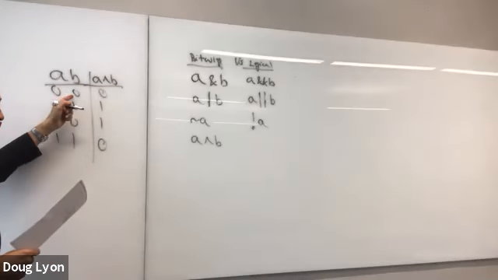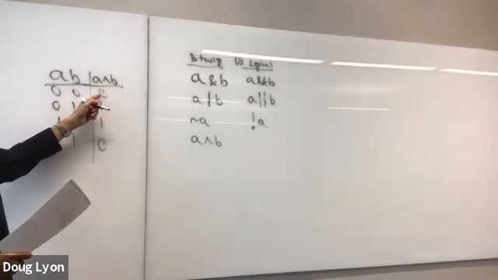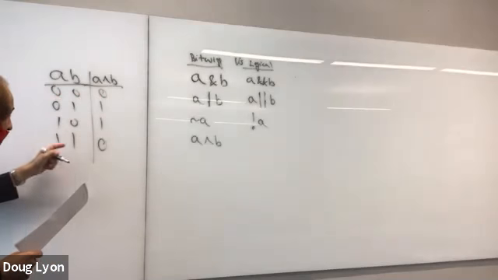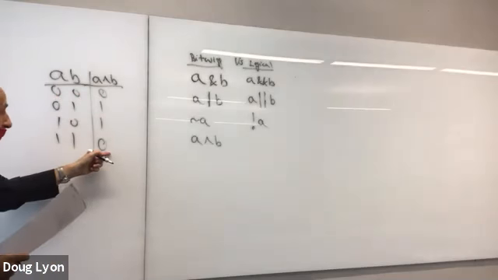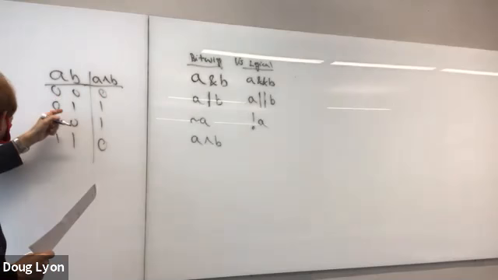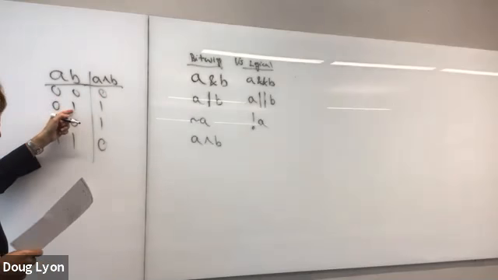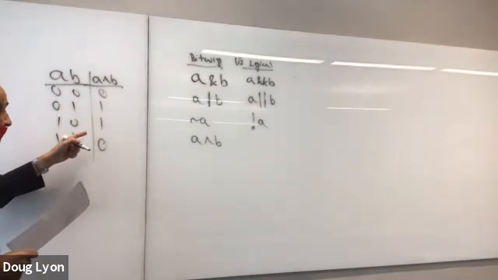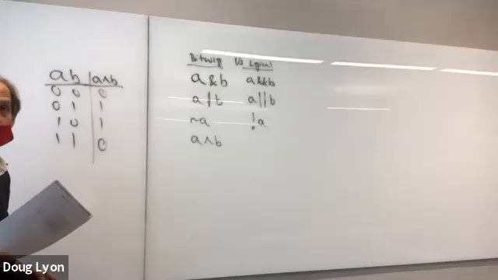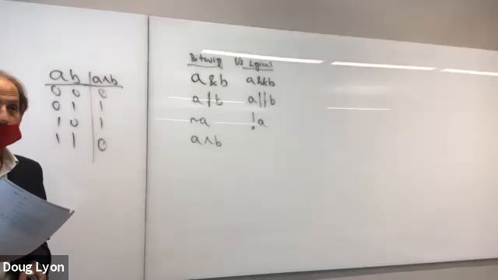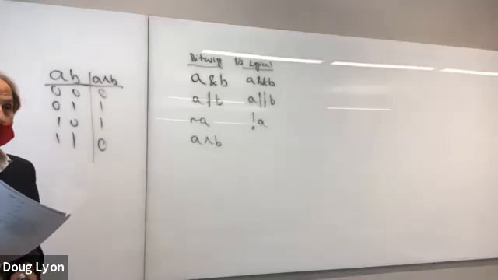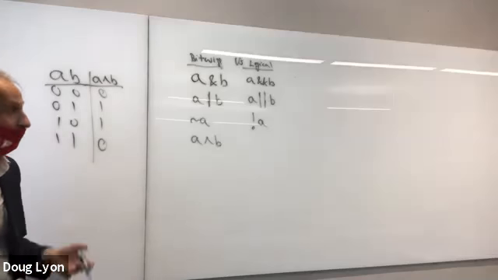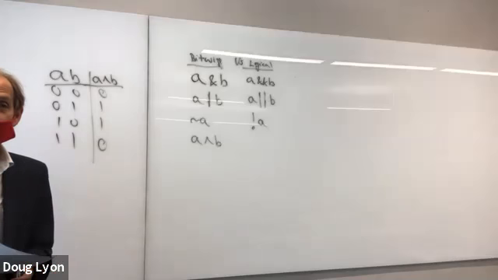If A equals B, the output is 0. If A and B are both 1, A equals B, output is 0. If A is not equal to B, the output is 1. So this is the equivalent of A not equal to B. How do you do that in the Boolean algebra implemented in the Arduino?